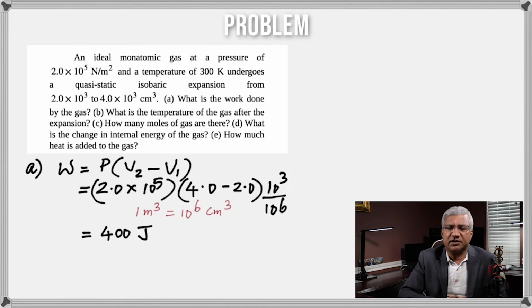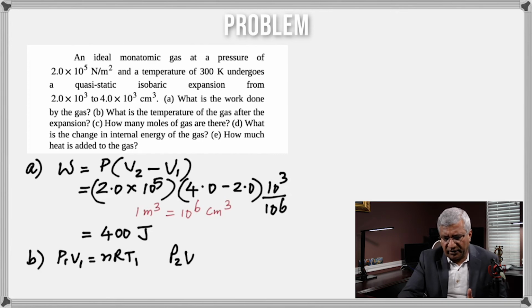And in the B part, it says, what is the temperature of the gas after the expansion? Before, it was 300 Kelvin. So we got to find the temperature after the expansion. We use P1V1 is equal to nRT1, the ideal gas equation, P2V2 is nRT2.